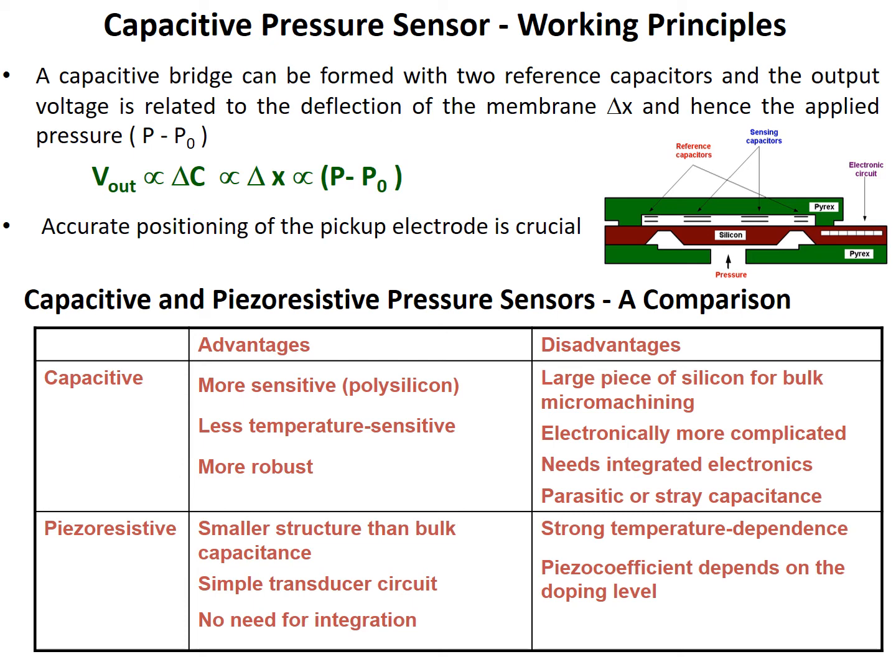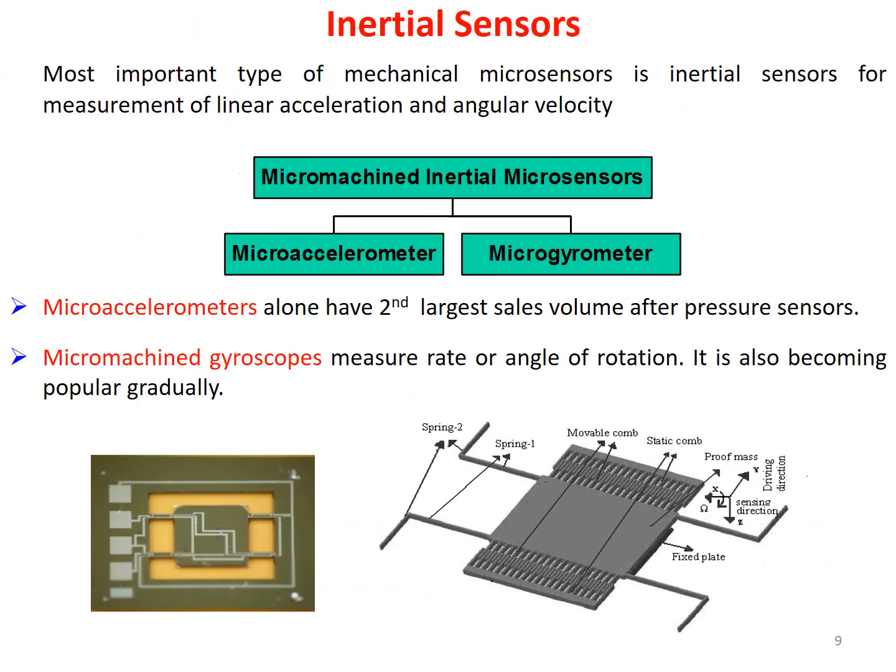So is it okay? Any doubts about the MEMS based pressure sensors? Okay. If you don't have any doubts, then we will go for the next type of sensors. They are also mechanical types, and they are mostly called inertial sensors, under which the two popular ones are the accelerometer and gyroscope, right?